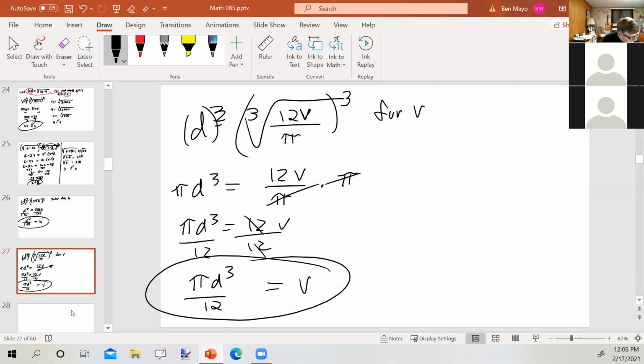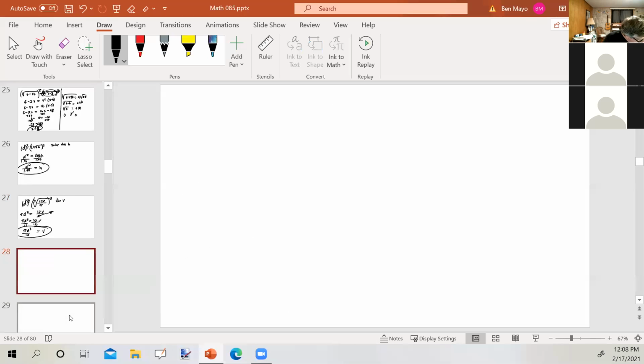Okay, let's see here. How are we doing? This says, let s of t equal the square root of t plus 8, and h of t equal, let's see, hang on.